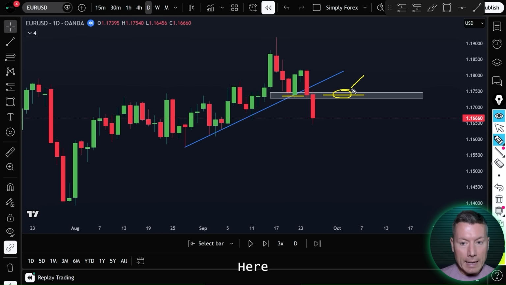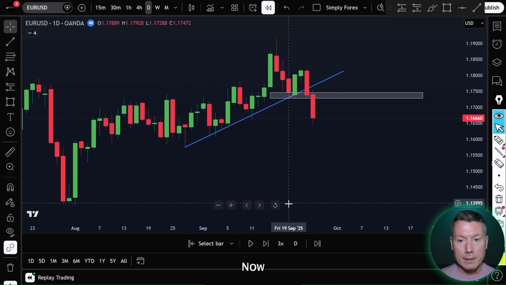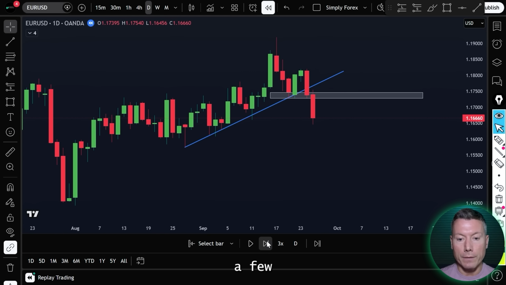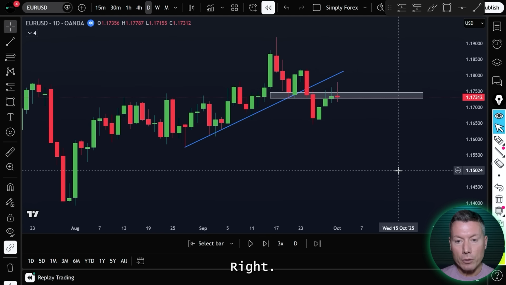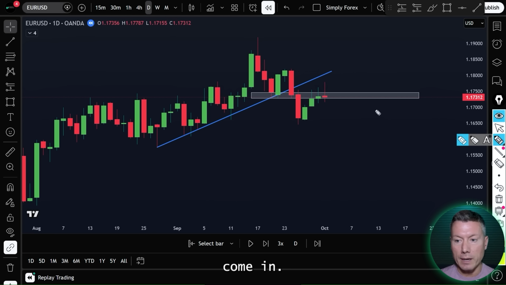Now, here represents value, here does not. Okay, now let's play this chart along a few candles. Right, so you can see sellers have started to come in. Yeah, you can see bullish top wicks coming in, and then we got a nice bearish candle. Okay, that is where I am interested in selling.